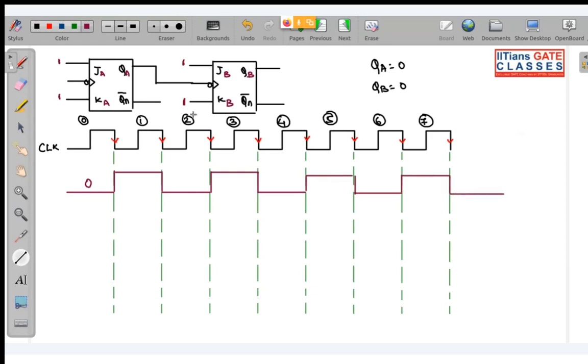Now you can see that this QA is being given as the clock. A negative edge of this QA is acting as your trigger for this B flip-flop. So mark all the negative edges of this QA. They will be acting as your trigger or clock edges for your B flip-flop.